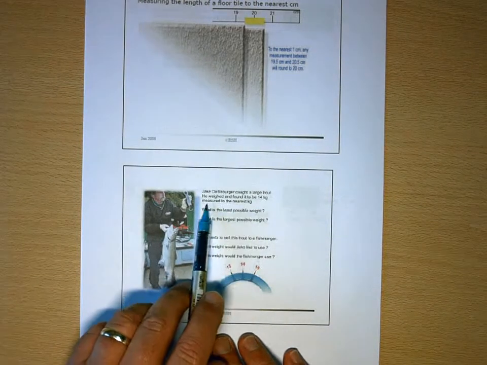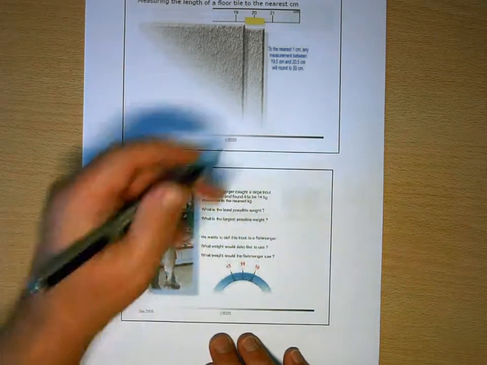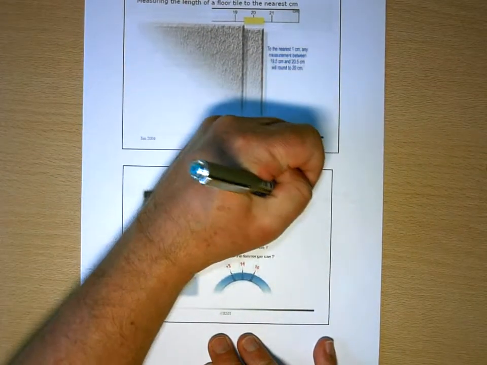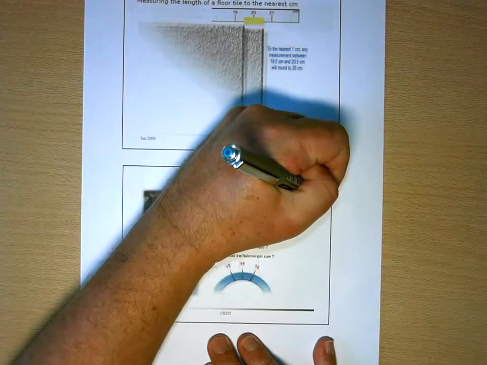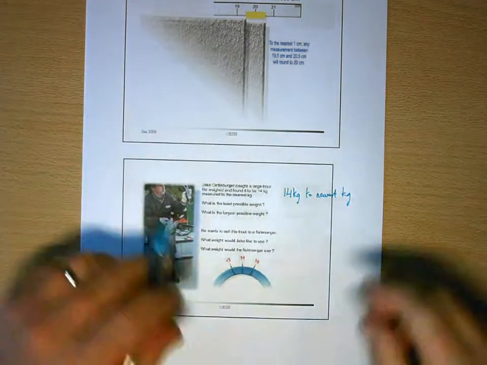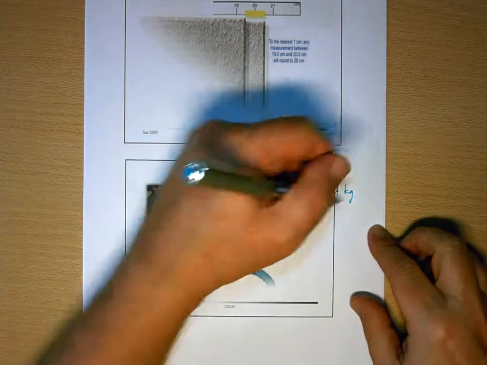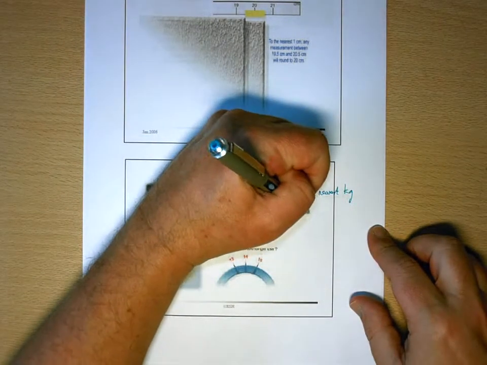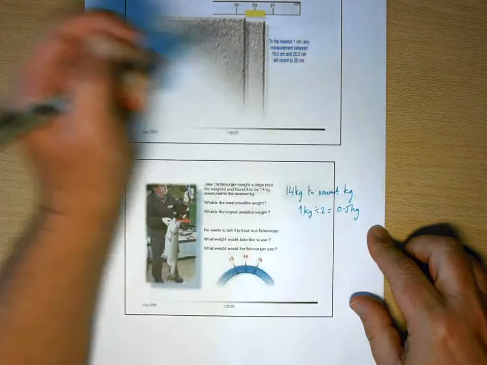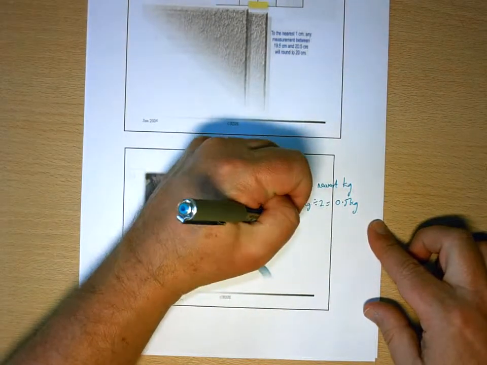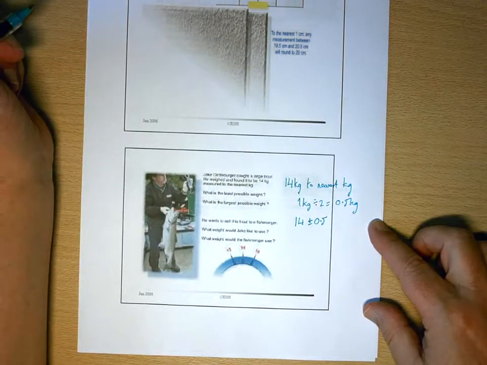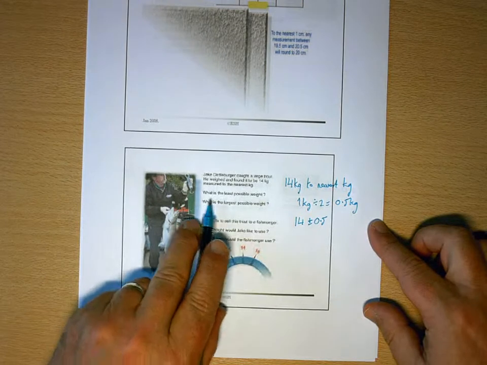So we've got Jake Dödelberger, who caught a large trout. He weighed it and found it to be 14 kilograms to the nearest kilogram. So nearest kilogram, 1 kilogram divided by 2 equals 0.5 kilograms. So my bounds are 14 plus or minus 0.5.